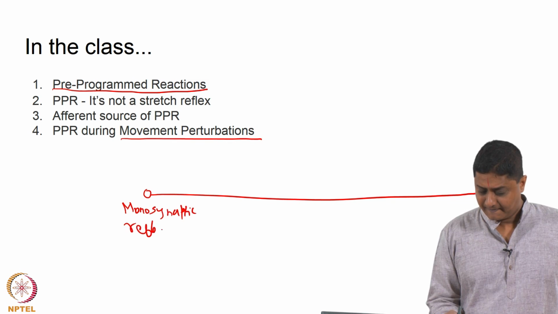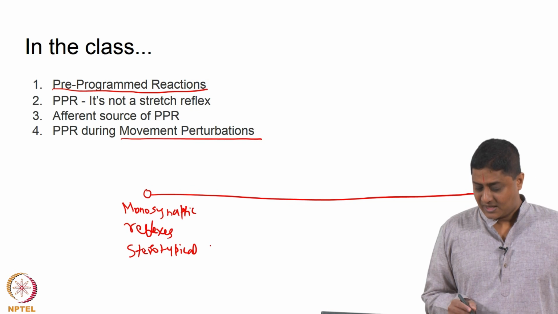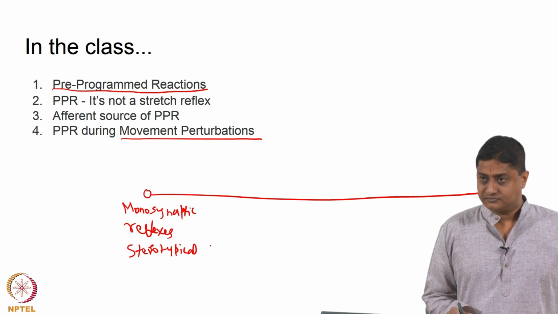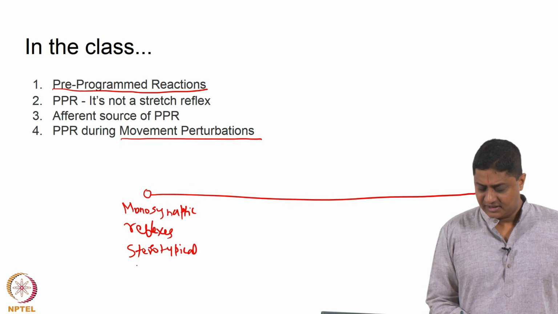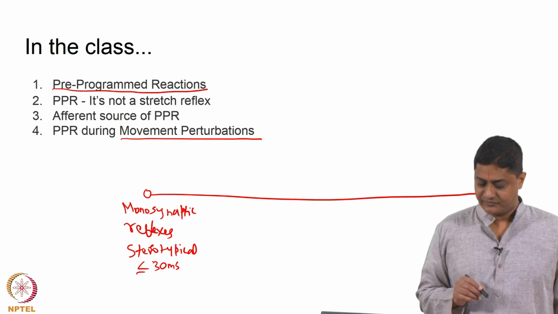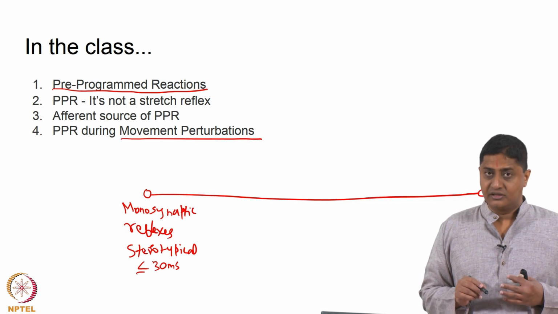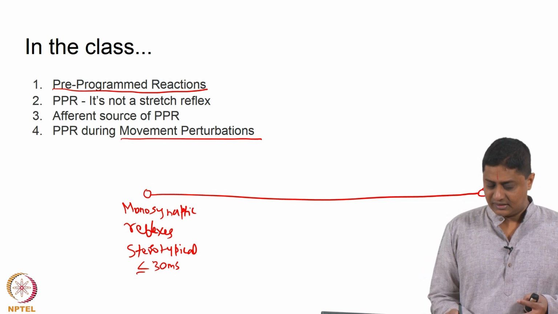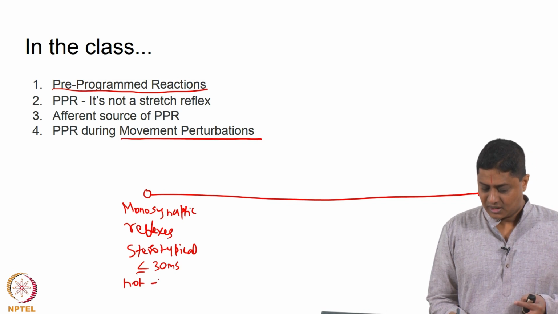These are stereotypical or difficult to modify, and happen at relatively low latencies, less than or equal to 30 milliseconds, and are usually not responsive to the context.